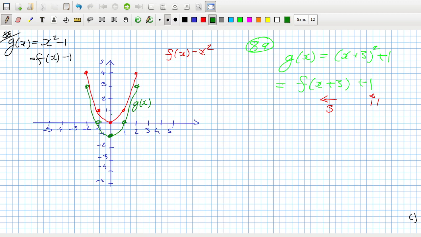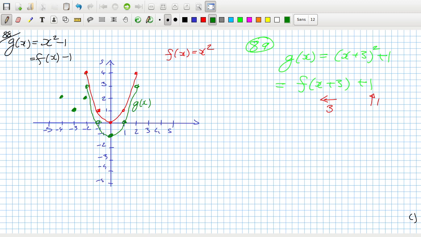So it starts off with the red f(x), and moves up 1 unit, so that lower point goes up 1 unit. And then 3 units to the left, 1, 2, 3. So that minimum gets up and across. This one goes up and across 3 units as well, so that would be at minus 4. This one would be at minus 2.